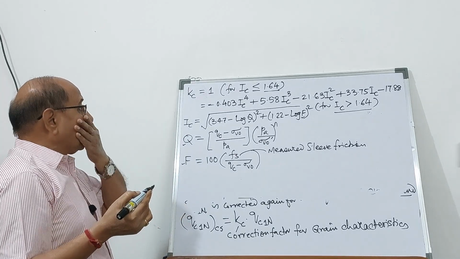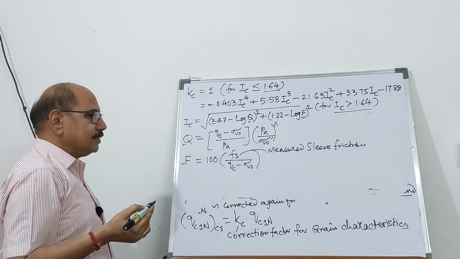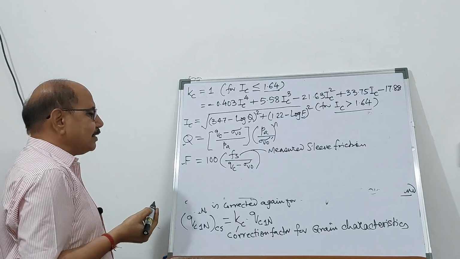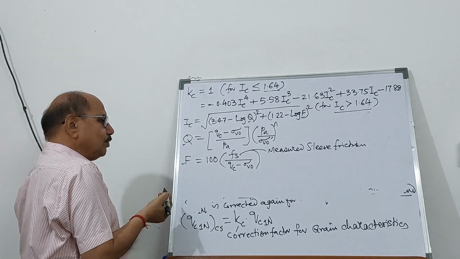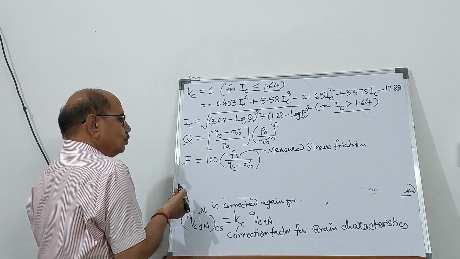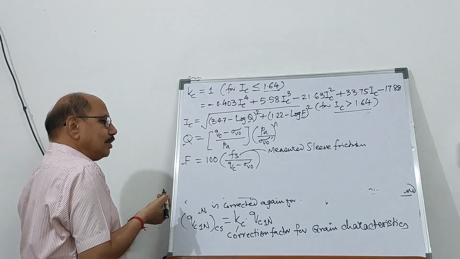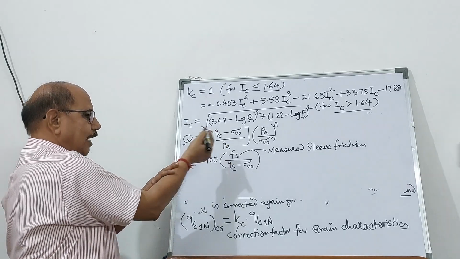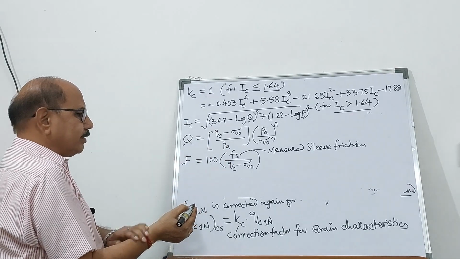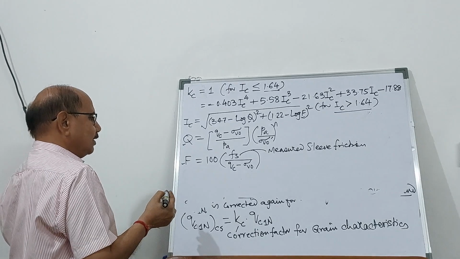Once you know the value of Kc, then for clean sand, it is Kc into the normalized value of qc1N. So this way you can calculate as per the codal provision.